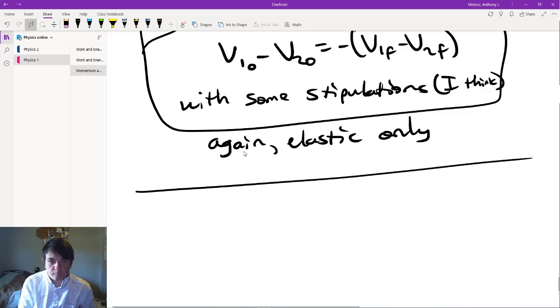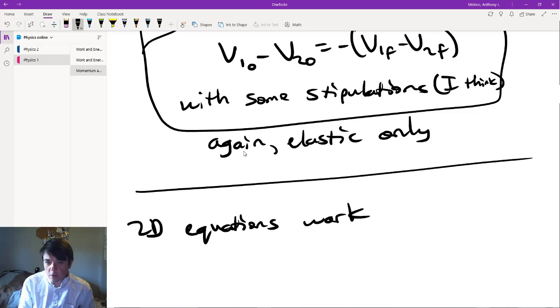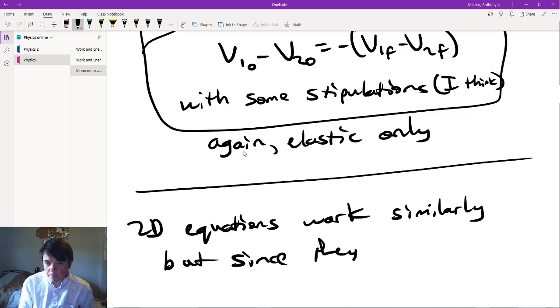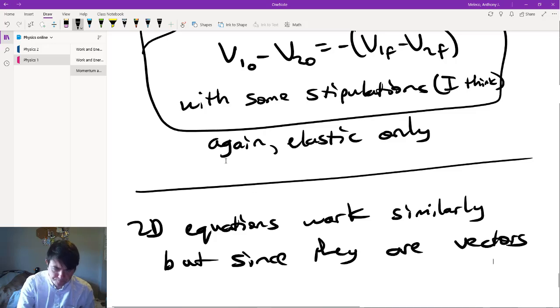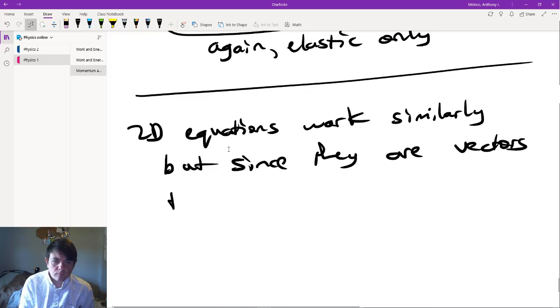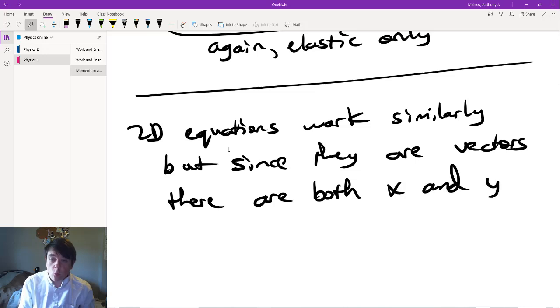So 2D equations work similarly, but since they are vectors, there are both x and y equations.